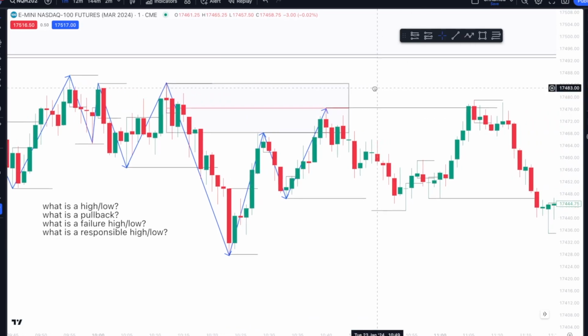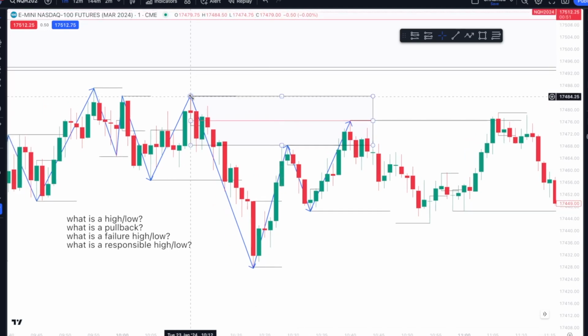To the tick, as you can see, the invisible zone is drawn between the responsible high and the failure high. This is a responsible high because it sent price down below the low that it came from. This is a failure high because it did not send price down below the low that it came from. And we draw the invisible zone between the responsible and the failure high.